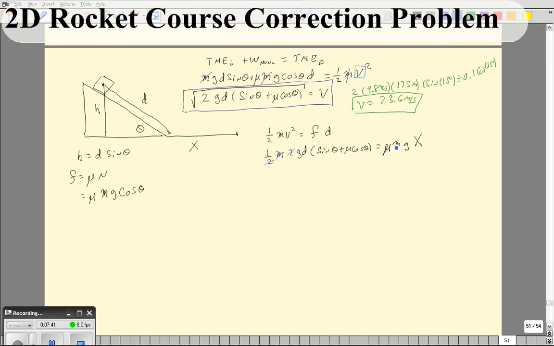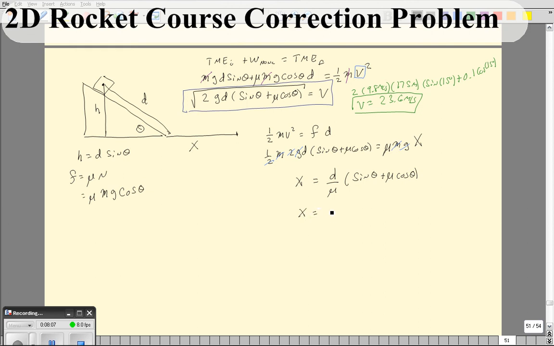The mass cancels out. When you solve for x, you get x equals, while we're at it, let's cancel out the g too. You get an x that's equal to d over mu times the sine of theta plus mu cosine theta. Again, let's go ahead and plug in the numbers.